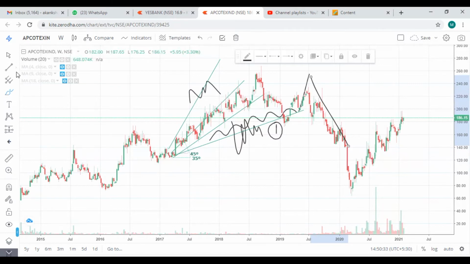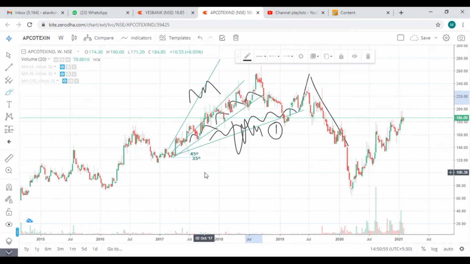But if your trend line is between 35 degree and 45 degree, it shows sustainability. Sustainability means that if your trend line is between 35 degree to 45 degree angle, the trend is going to continue for some period.